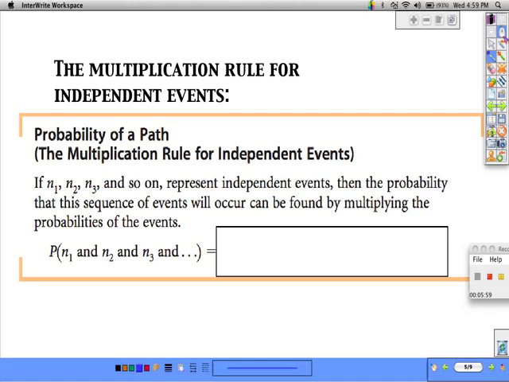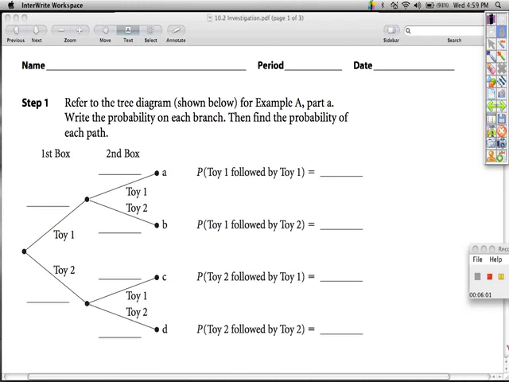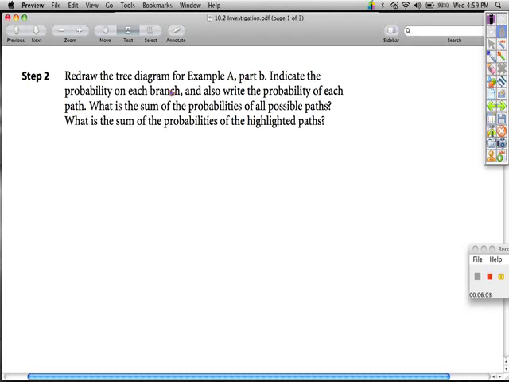Step 2 in this investigation tells us to redraw the tree diagram for example A, part B, and indicate the probability on each branch and also write the probability of each path.